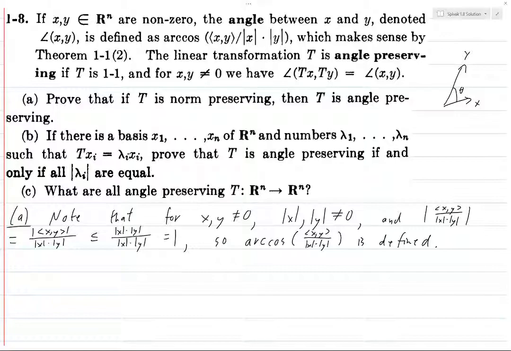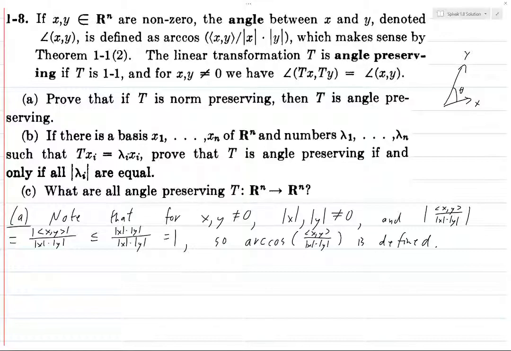But we see here that given any non-zero vectors x and y, if we look at the absolute value of this inner product over the two norms, it will be less than or equal to 1, which means that if you remove the absolute value, it's between negative 1 and positive 1, which is exactly where we need it to be in order to be able to define our arc cosine.